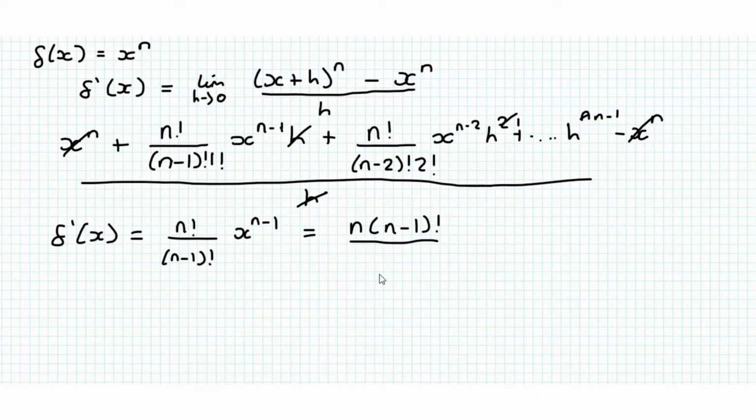So these n minus 1 factorials cancel each other out, and we just get that this is equal to n multiplied by x to the n minus 1, and this is a very common result, but now you can see where it comes from: what we call first principles, or the definition of the derivative.